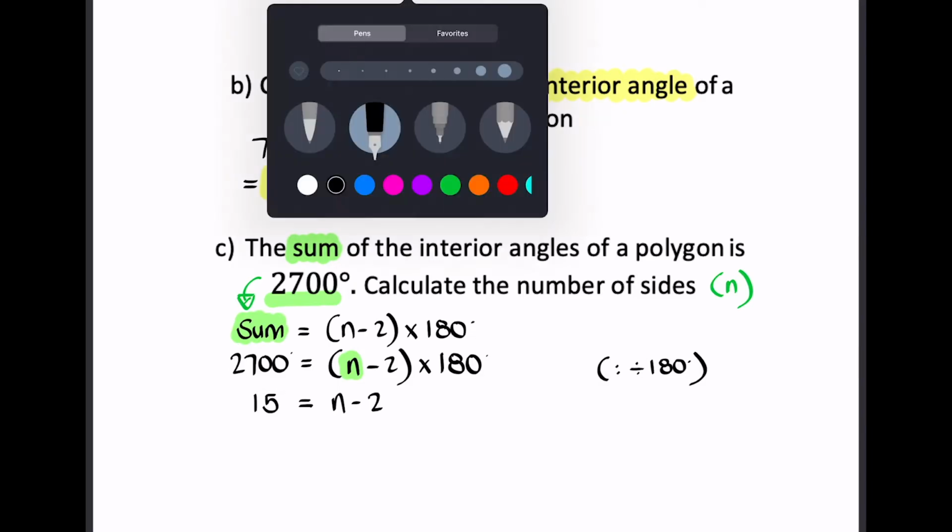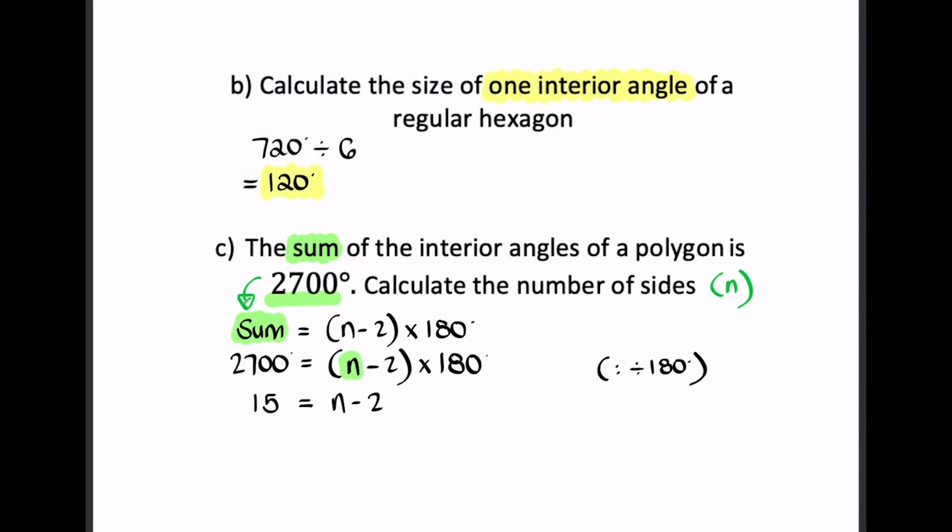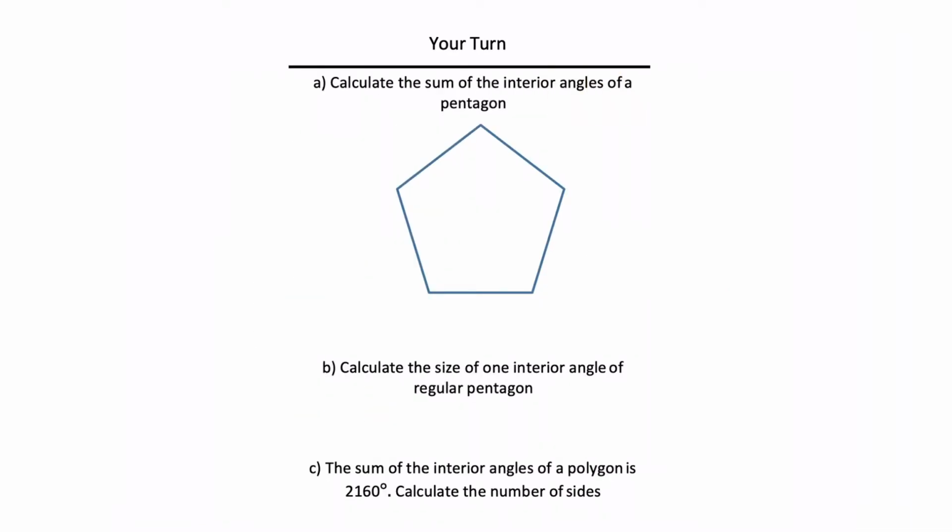I, however, want to get the n by itself, which means that I'm going to take this minus 2 across, and it's going to become a plus 2, and 15 plus 2 is 17, so therefore n is equal to 17. Now what I'd like you to do is to pause the video and do the your turn section of the worked notes that you have.